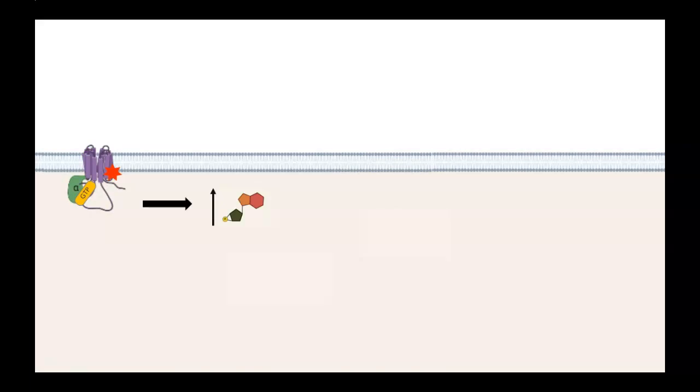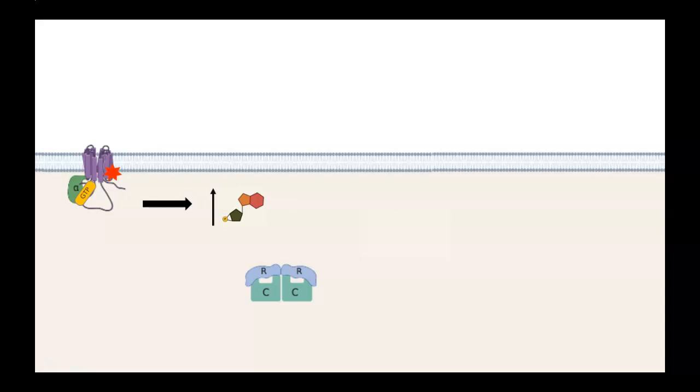What does the increase in cyclic AMP do in the cell? Well, cyclic AMP is a small molecule. It can dissolve away and it can interact with a number of different targets, but the primary target in this signaling pathway is an enzyme called protein kinase A. In the inactive form, protein kinase A is a tetramer. There are 2 regulatory subunits and 2 catalytic subunits, and it's off.